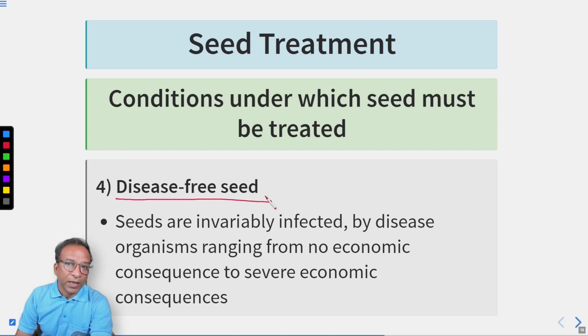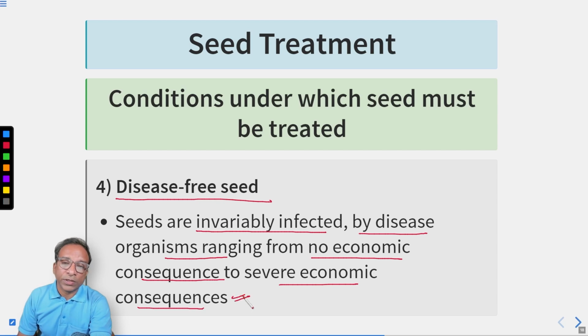Disease-free seeds. Seeds are invariably infected by disease organisms, ranging from no economic consequences to severe economic consequences. Sometimes the fungal spores present inside the seed can give rise to a disease when the plant germinates.